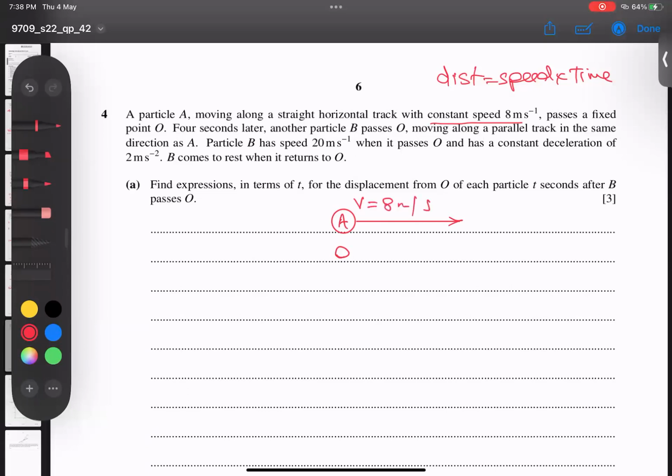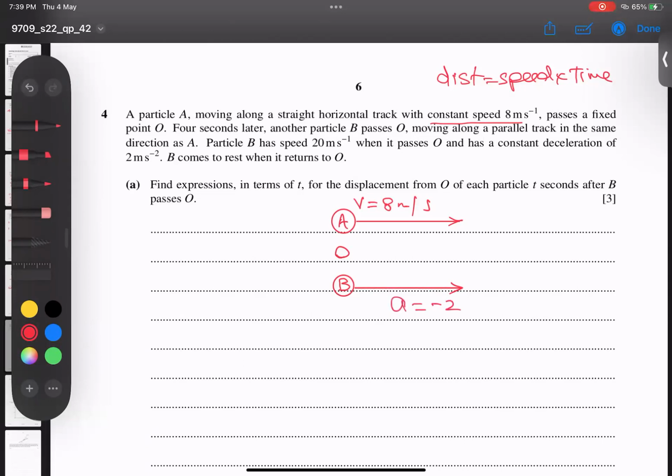4 seconds later, another particle B passes through O. So it means B is also at O, but it will reach after 4 seconds, and at a constant deceleration. So it means, students, it is also going this way, but it has a deceleration, acceleration equal to -2, or deceleration equal to 2, same thing.